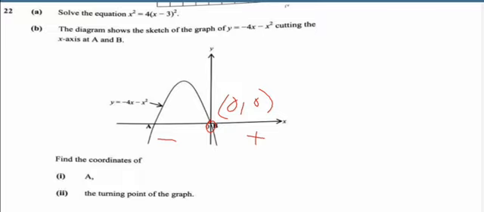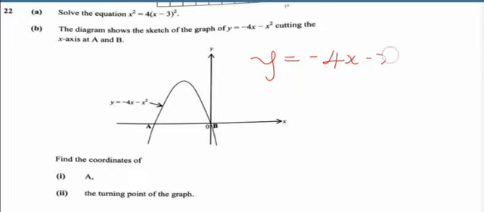So the first question is saying, find the coordinates of (i) A. So we need to find the coordinates of A. So let's do that. A is in the x-axis. We have been given the equation, which is y is equal to negative 4x minus x to the power 2.